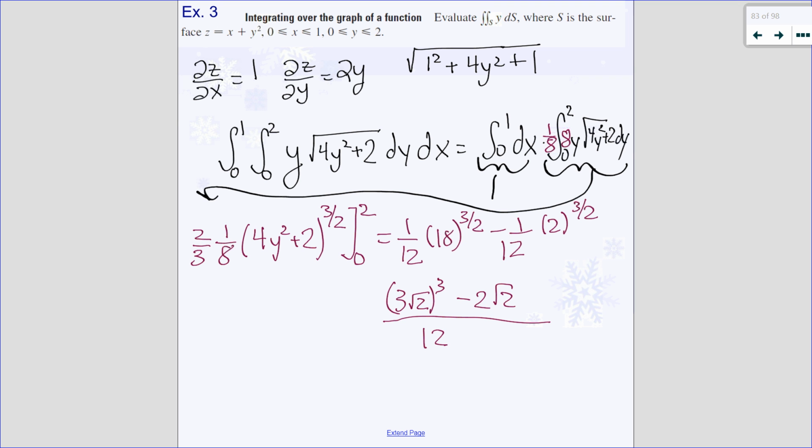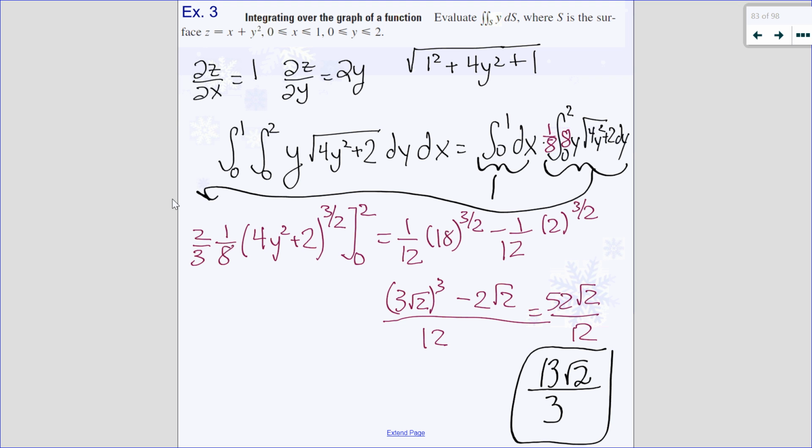So that's 52 radical 2 over 12. And then 13. Oh man. Any questions on that?